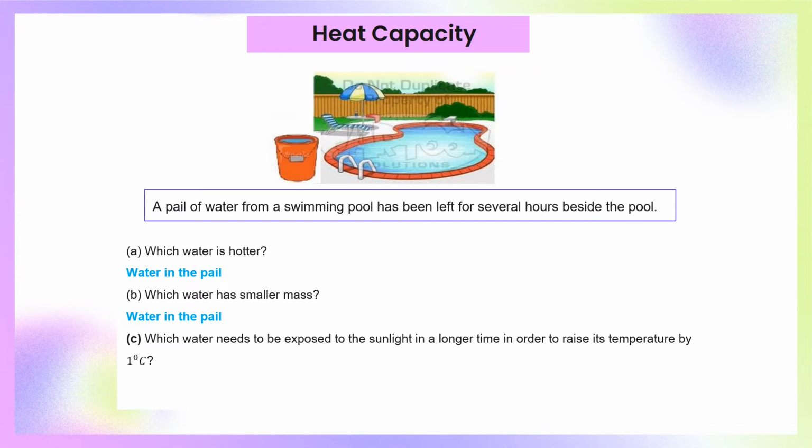So let's think, which water needs to be exposed to the sunlight for a longer time? The water in the pail or the water in the swimming pool? Okay, the answer is the water in the pool.